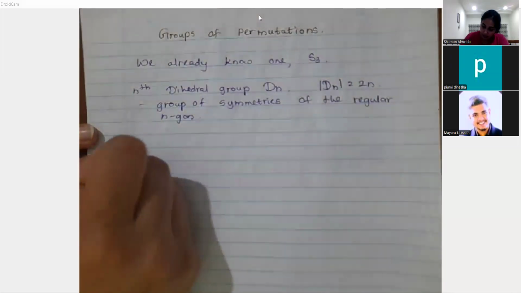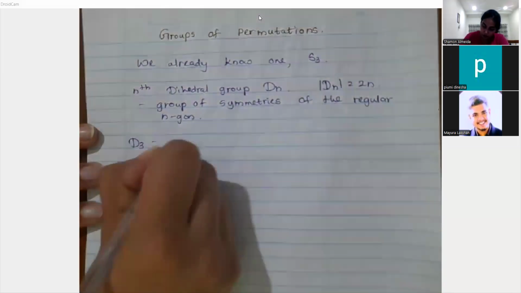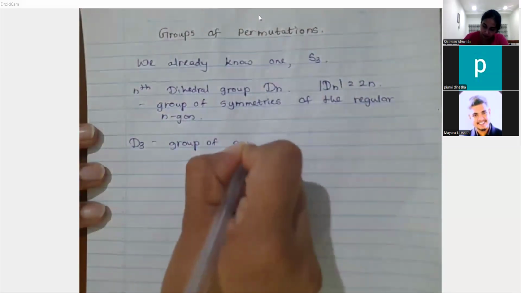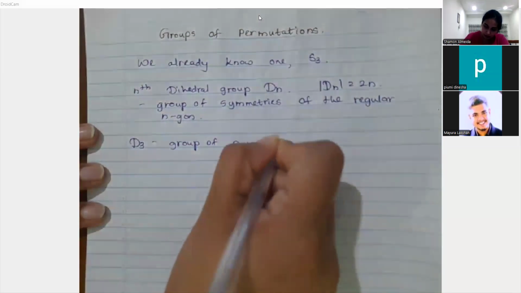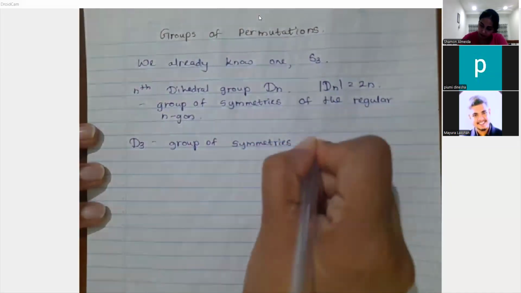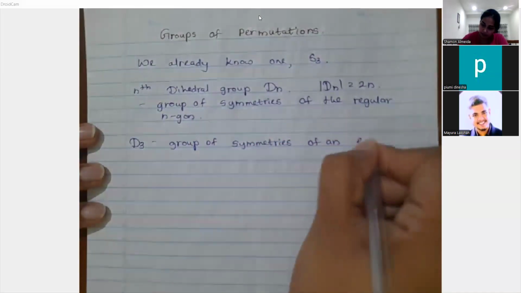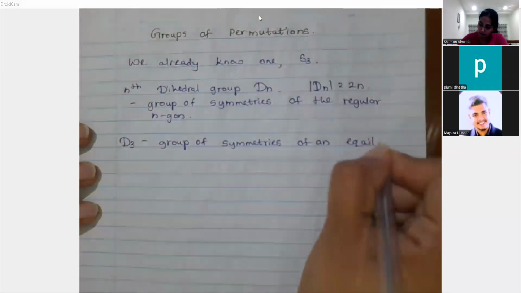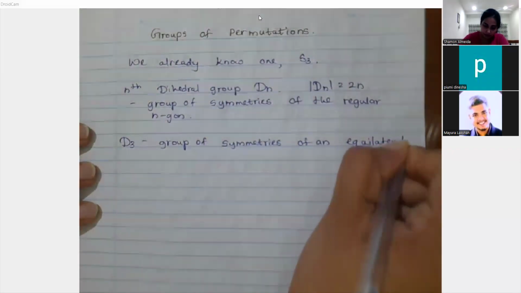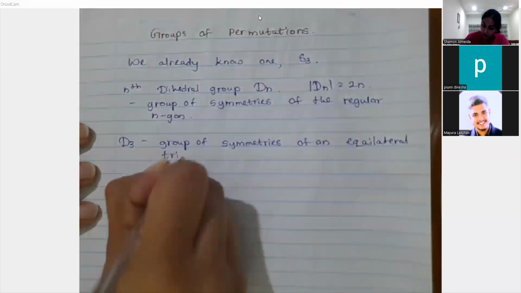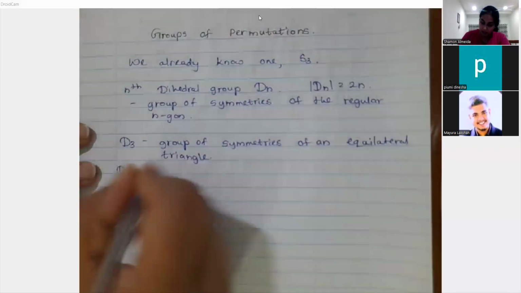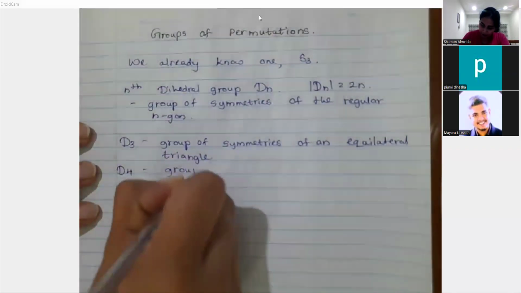So let me write: D3 is the group of symmetries of an equilateral triangle. Then D4 is the group of symmetries of a square.